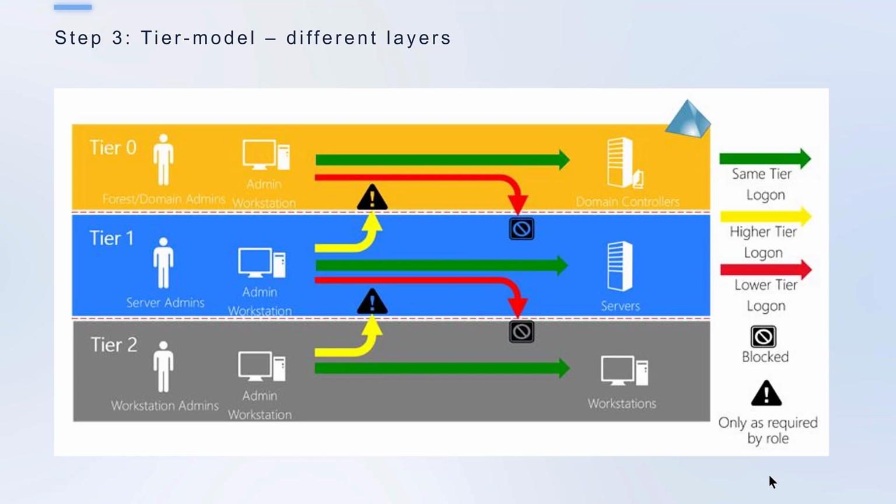And you can use these password hashes to authenticate and do what you want. So the basic implementation of the tier model is that you need to prevent an administrator from an upper layer from logging in below. And again, have a look at the Microsoft website, you will get a lot of information there.